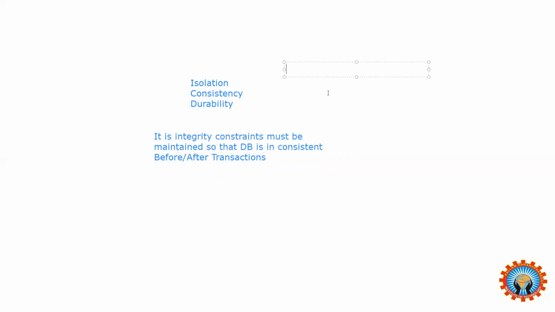Next, let me give an example of consistency. If we are taking two accounts, the sum of A comma B before the transaction is equal to the sum of A comma B after the transaction.